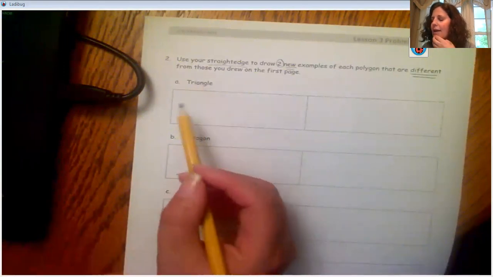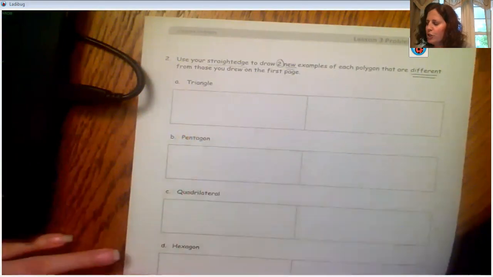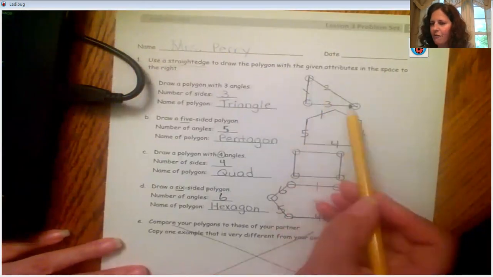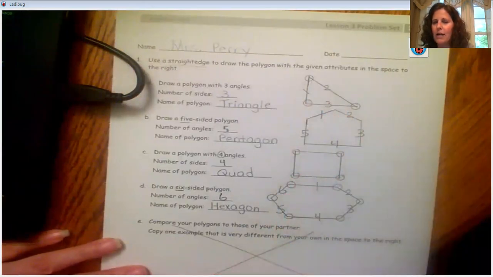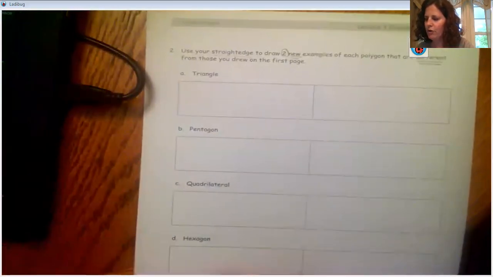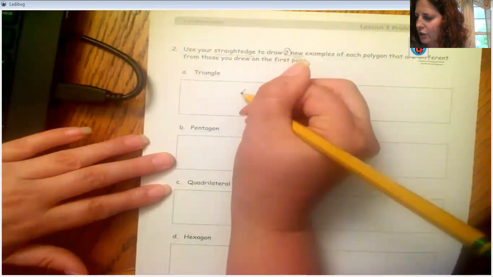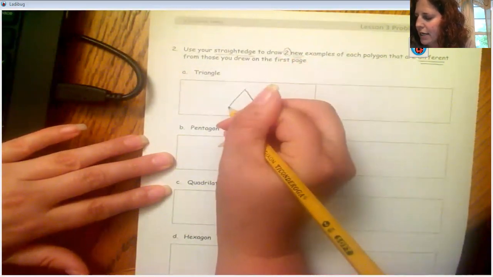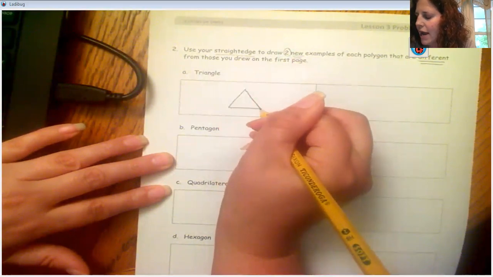So letter A is triangle. We have to draw 2 different triangles, but it must look different from whatever we did on the front. So I think what I'm going to do is draw a regular triangle. And boys and girls, I realize I am not using my straight edge. That is a ruler.